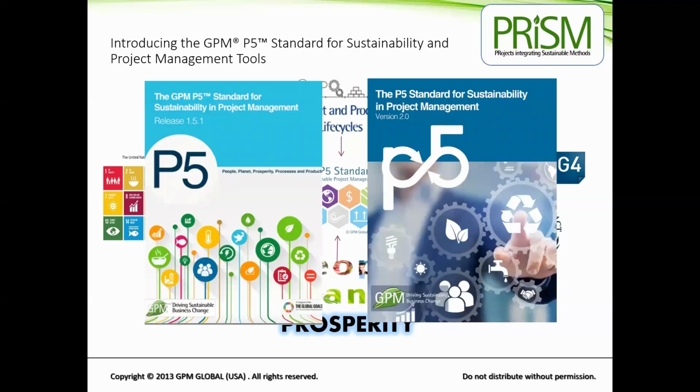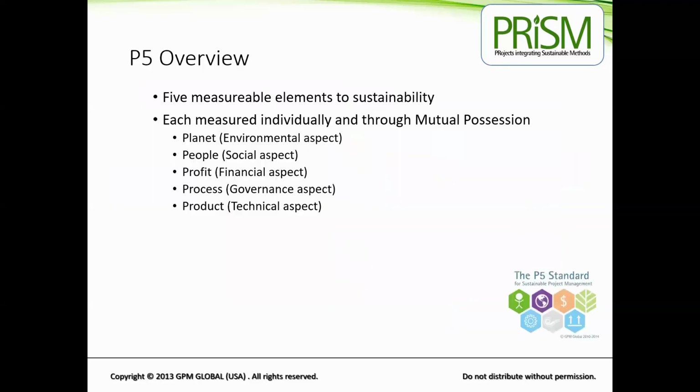And again, it is based on the book called the P5 Standard for Sustainability in Project Management. A copy of this book will be given to participants who are involved in this course. Now, as an overview, we mentioned the P5. It has 5 measurable elements towards sustainability. Each of these elements is individually measured through a mutual procession.